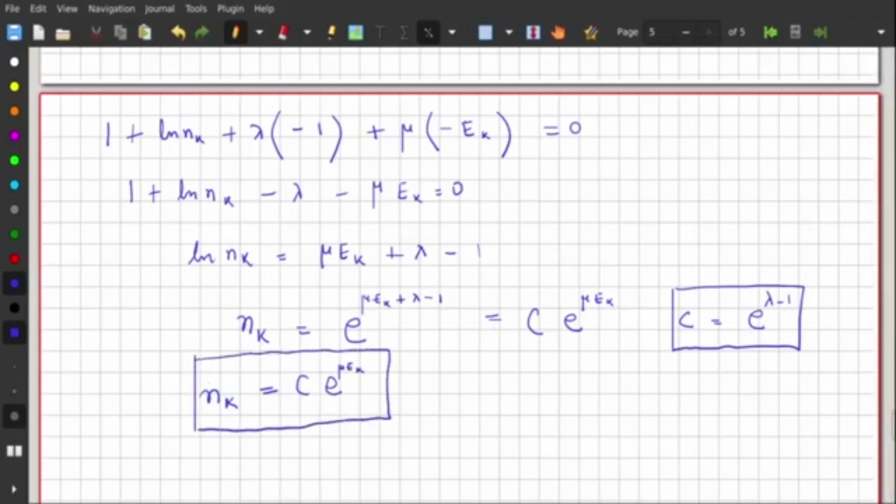This distribution is very important in statistical mechanics, and it is so important that it has a name: it is known as the Boltzmann distribution.